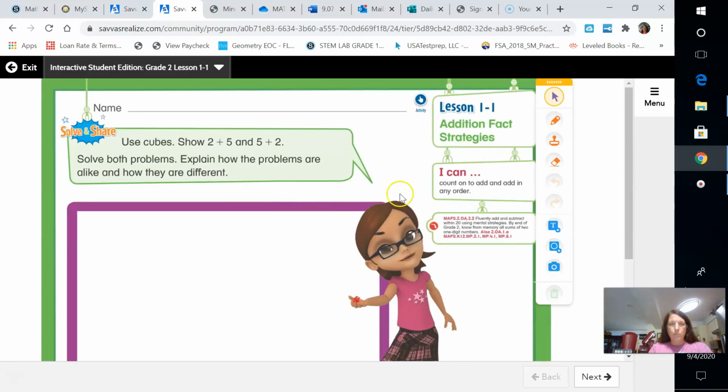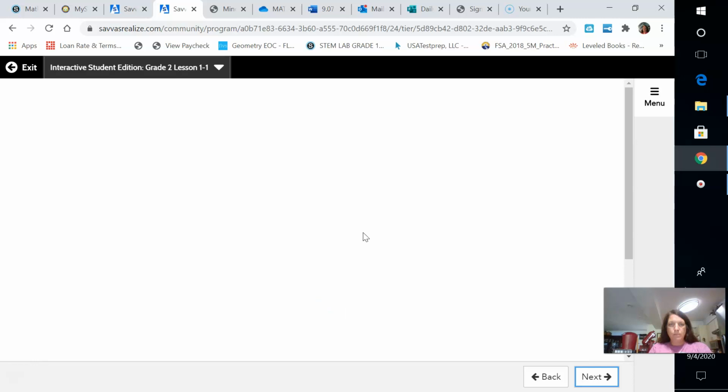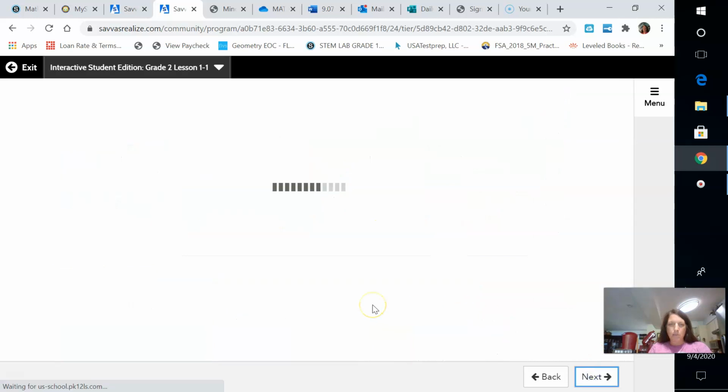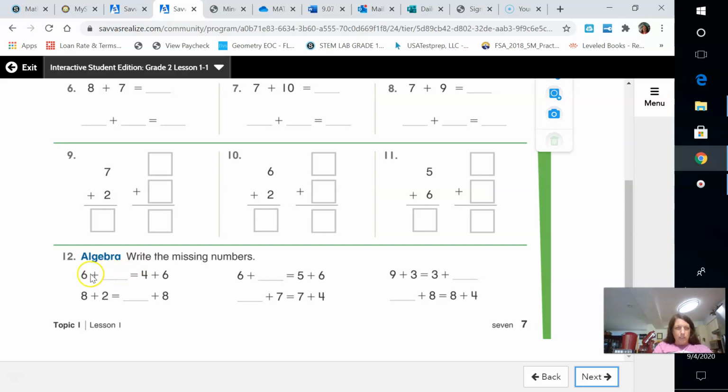It is showing you problems like this one right here, okay? Where the equal sign's in the middle, and they have the addends one way on one side and one way on the other side. So when you get to these at the bottom, you can look and see what you have.